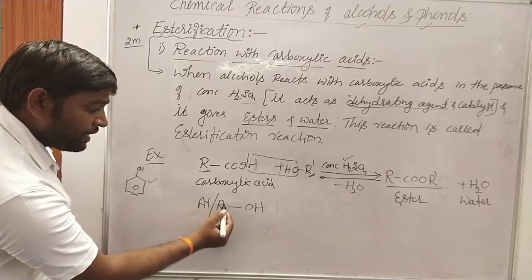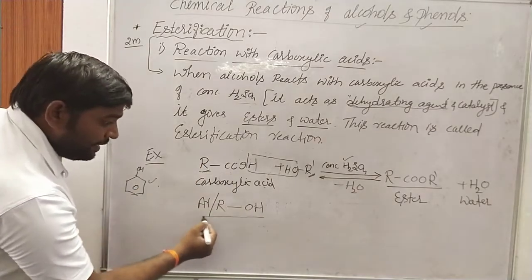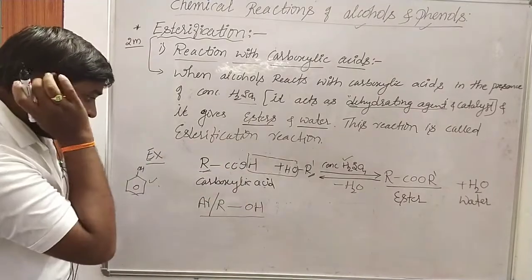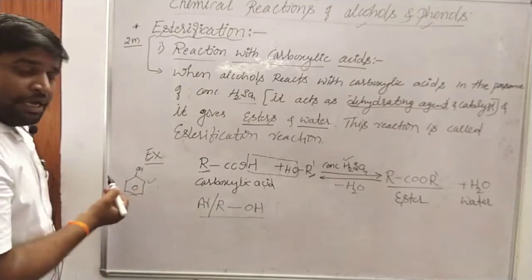The OH group directly substituted to an alkyl group is called alcohol. I am writing both equations simultaneously. AROH becomes phenol, and ROH becomes alcohol.